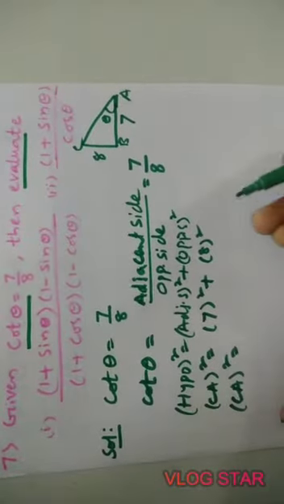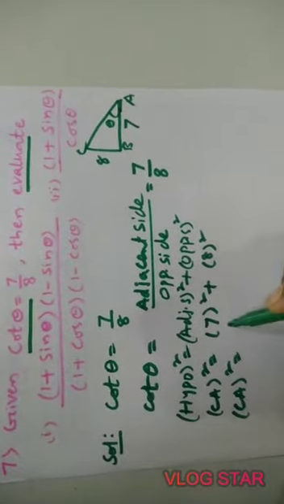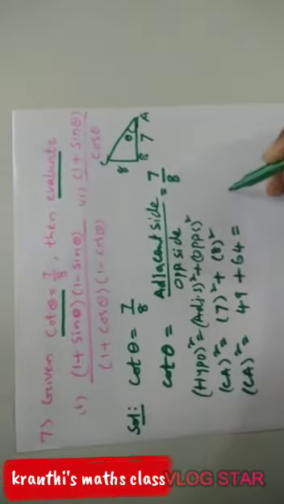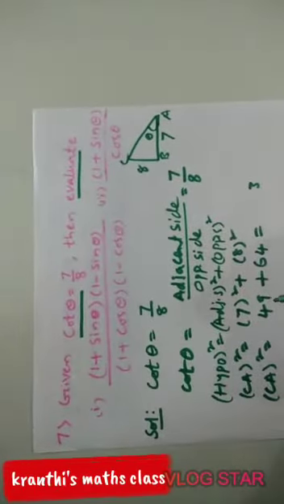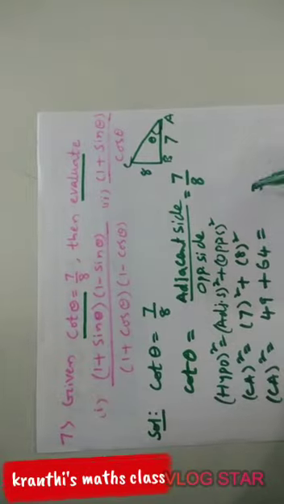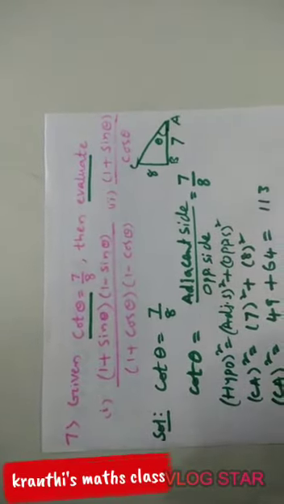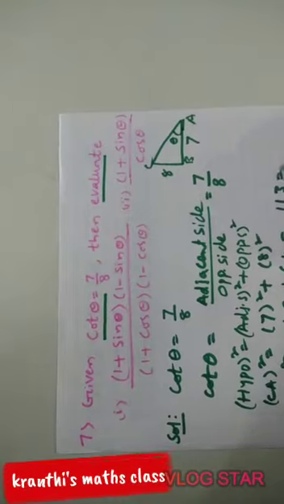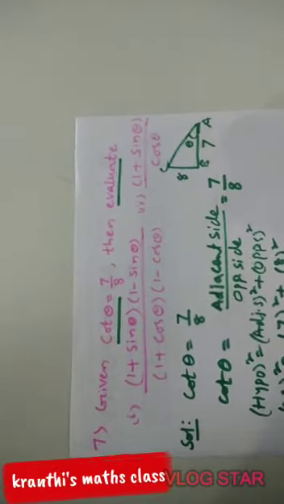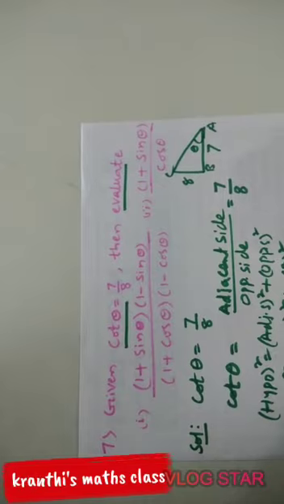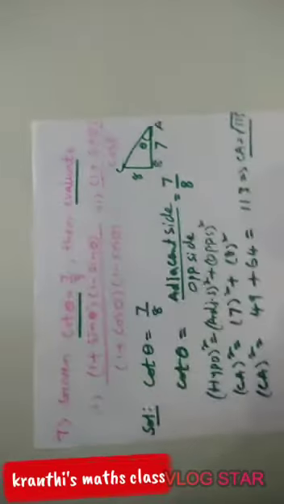So CA square is equal to 7 square is 49 plus 8 square is 64. So 49 plus 64 is 113. CA square is equal to 113, that is CA is equal to square root of 113. 113 is not a perfect square, that's why the CA value is root 113.